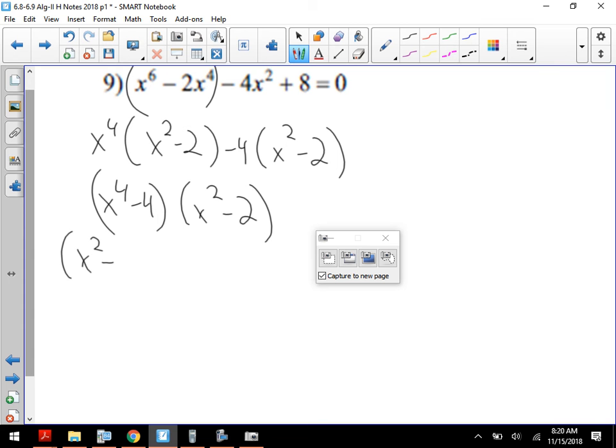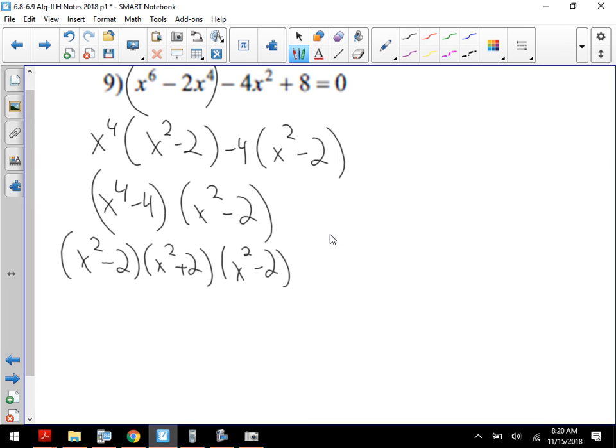So I have x squared minus 2, x squared plus 2, x squared minus 2. And from here, I can go ahead and list out all of my possible zeros. I have plus or minus root 2 with multiplicity of 2.